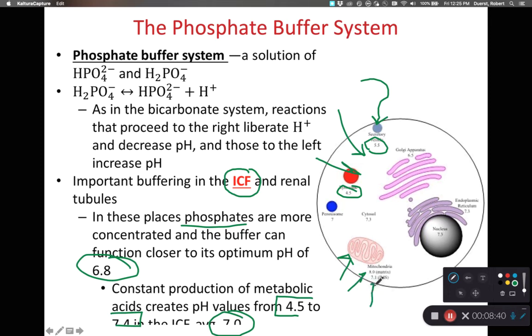That intermembrane space is more acidic. It has a pH of 7.1 relative to the mitochondrial matrix with a pH of 8.0. So the pH in the cell, generally speaking, is more acidic than the pH of the blood plasma. And to help with that, we are primarily going to rely on the phosphate buffering system on the inside of the cell. That's where the phosphate buffering system is the most significant.